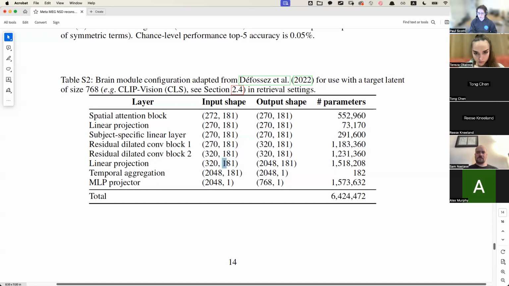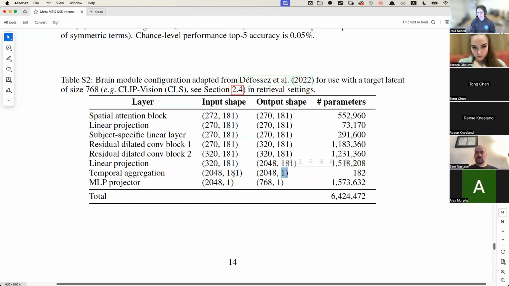For instance, here they have 181 time points, but they do temporal aggregation, which is just a linear mapping from 181 to 1. So it's super simple. Maybe there's a better way to integrate information across time points.